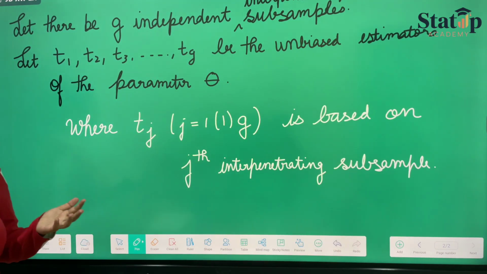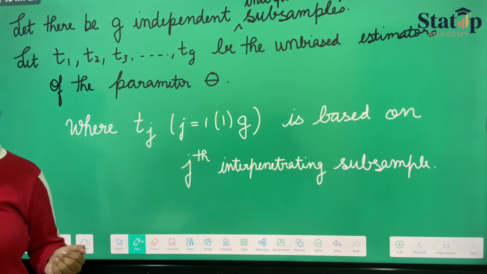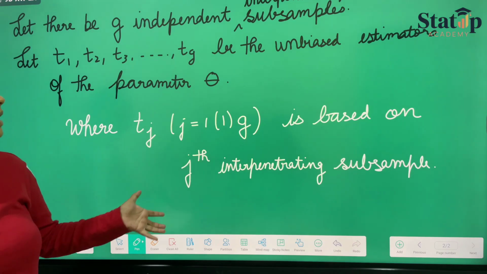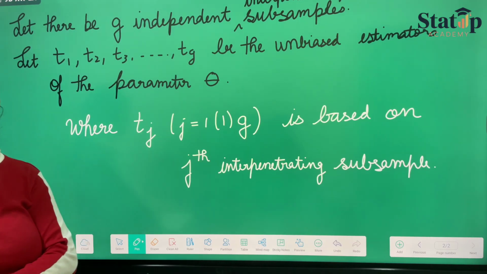So where Tj is the jth value based on the jth interpenetrating subsample, which we can say Tj is the unbiased estimator of the parameter theta.